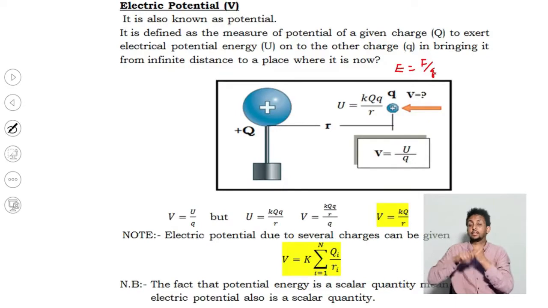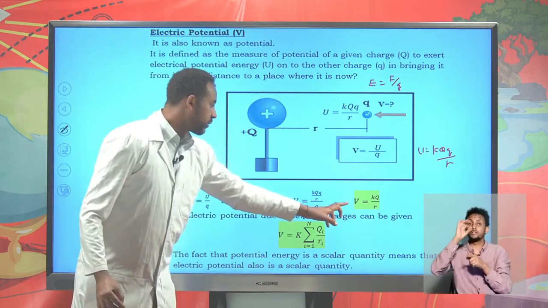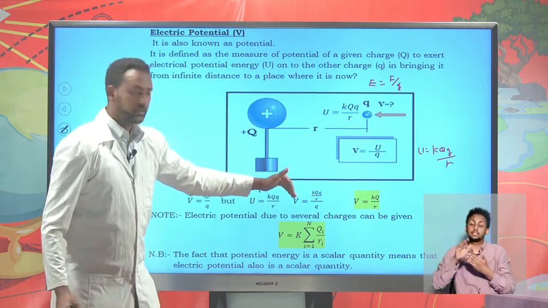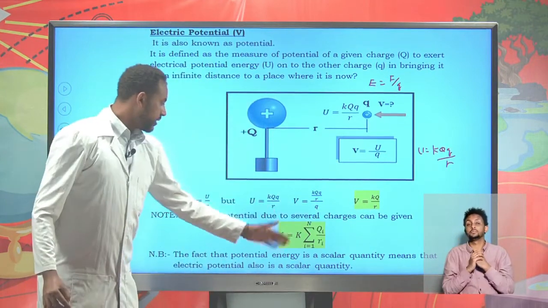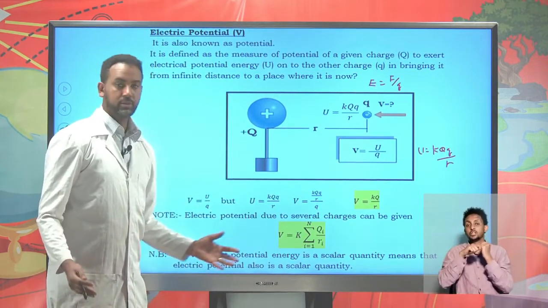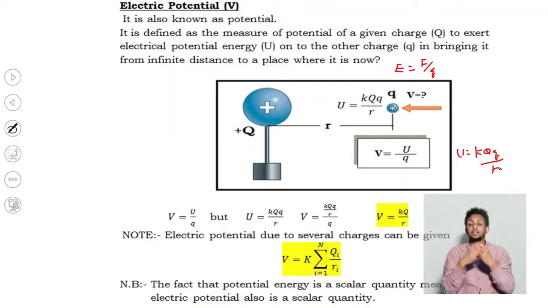Previously, we said that electric field strength is independent of the test charge. The same is true here. Electric potential is independent of the test charge, because the electrical potential energy can be expressed as KQq, the main charge times the test charge, over R. If you substitute, you find that electric potential is clearly independent of the test charge: KQ over R. For different charges, it's possible to use the summation K times the sum of Qi over Ri.